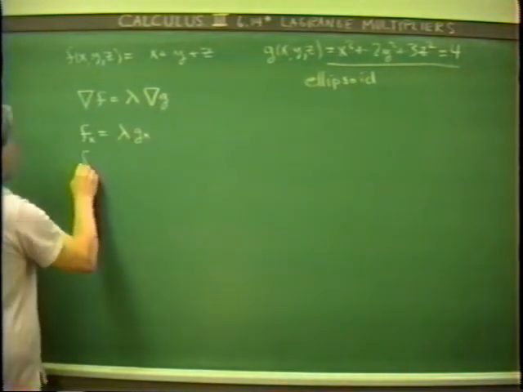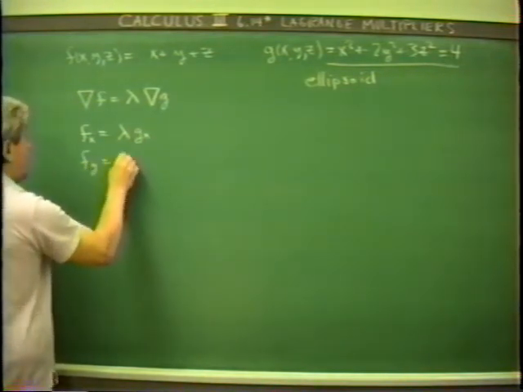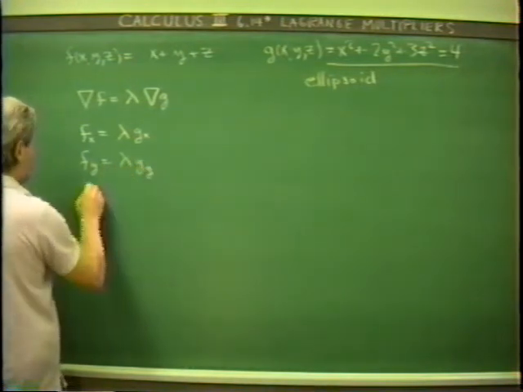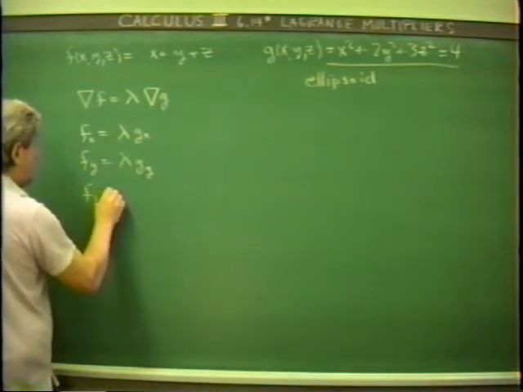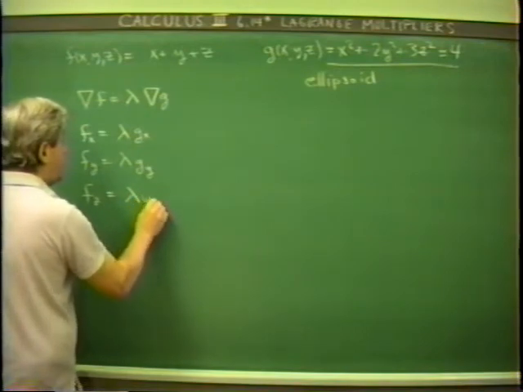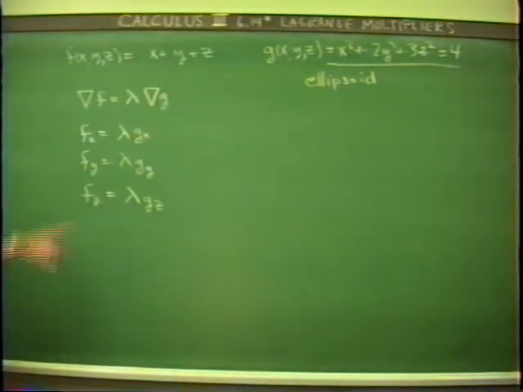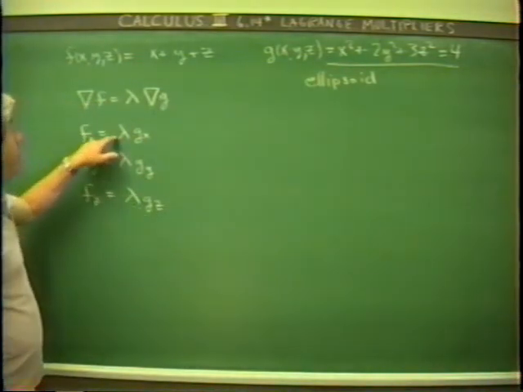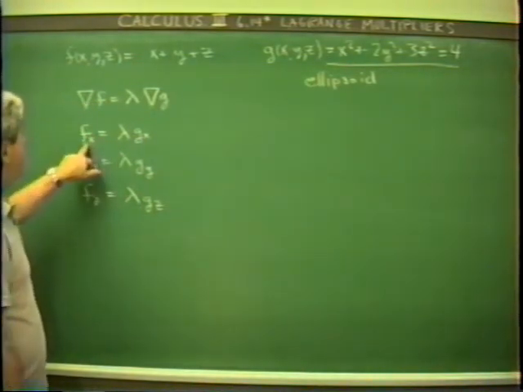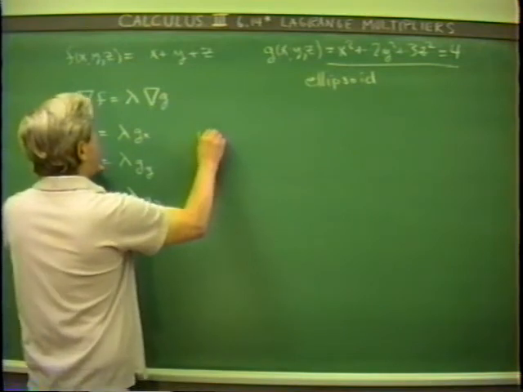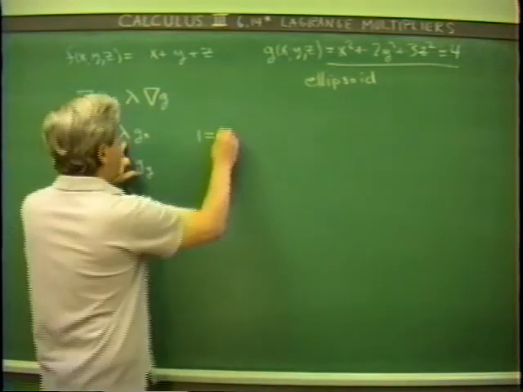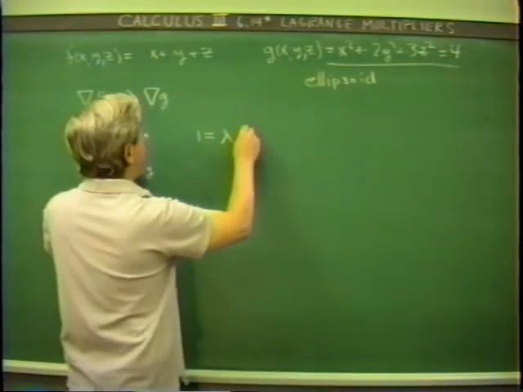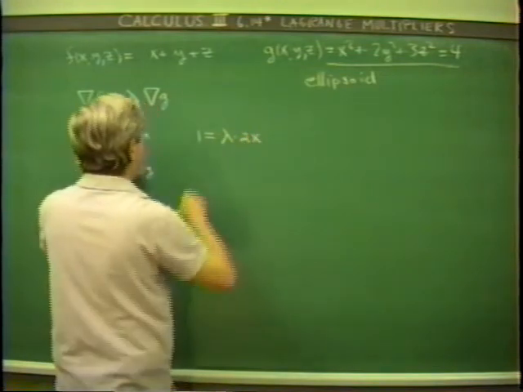That's to say, partial f with respect to x is lambda partial of g with respect to x, partial f with respect to y is lambda partial of g with respect to y, and partial f with respect to z is lambda partial of g with respect to z. These three equations, along with this one, in the four unknowns x, y, z, and lambda.